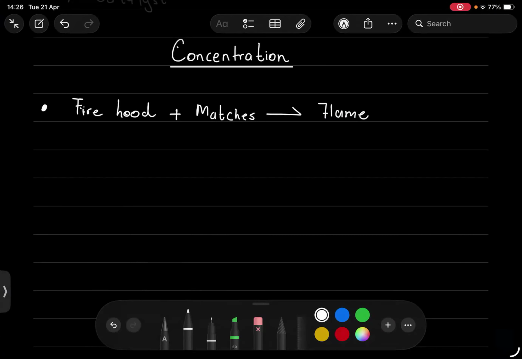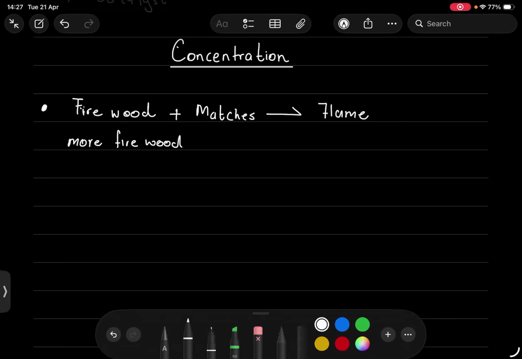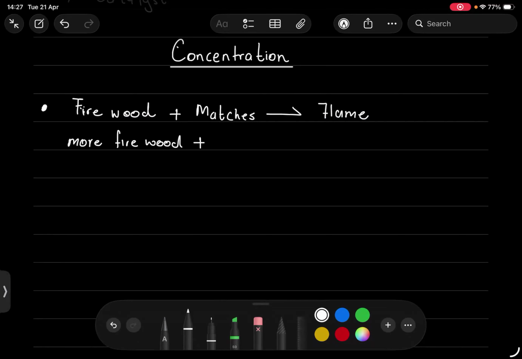So I want you to check something with this example. If I add more firewood, what's going to happen?